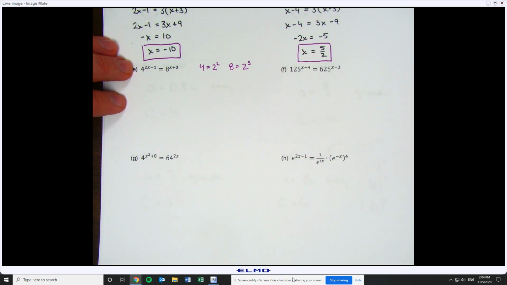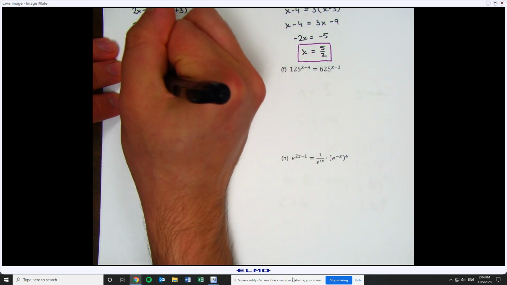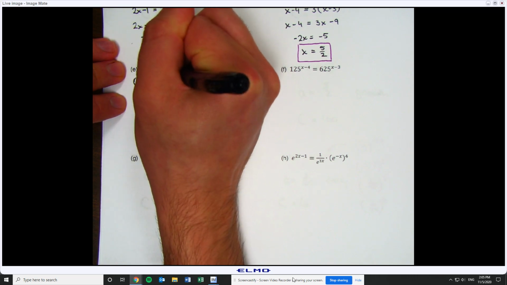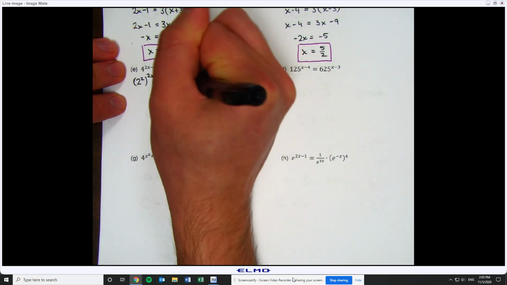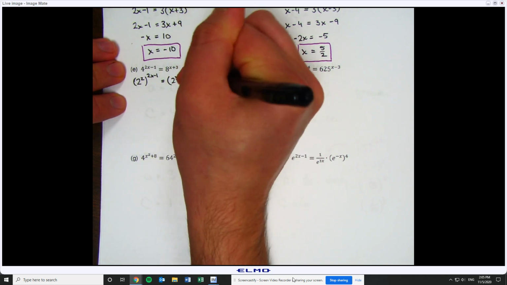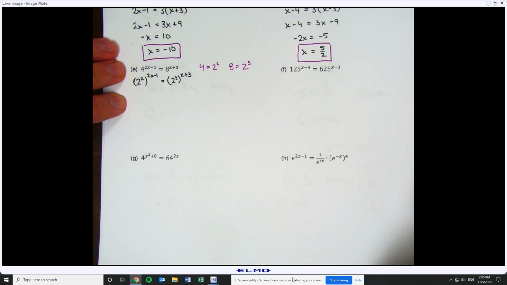Now I know exactly what to do. I'm going to replace this 4 with 2 to the second power. So that's 2 squared with 2x minus 1 on the outside equals 2 cubed with x plus 3 on the outside. That is exactly like what we did on the previous problem.